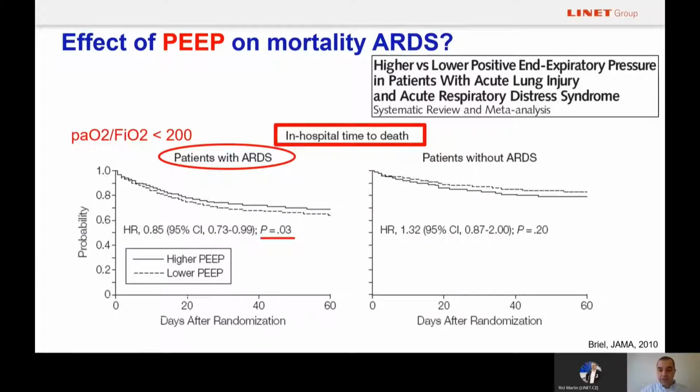And from this year, since 2010, the higher or appropriate PEEP level is considered as a standard of care.